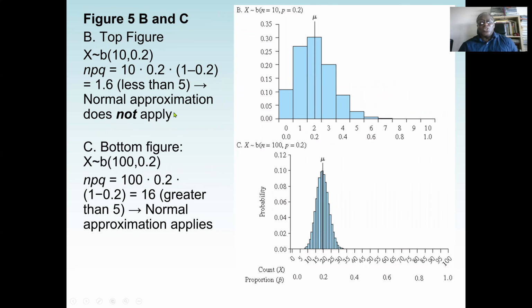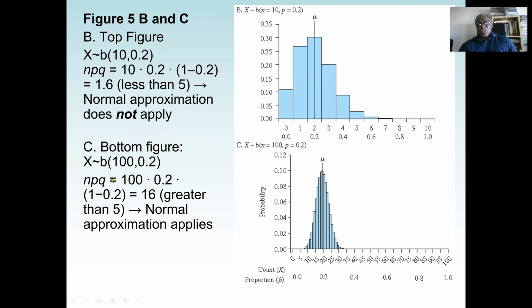In the example given to us, X is binomial, with n, the number of tries, equal to 10 and p, the probability of success, equal to 0.2. So npq is 10 times 0.2 times 1 minus 0.2. The answer is 1.6. Since it's less than 5, we cannot apply a normal approximation. It will remain binomial.